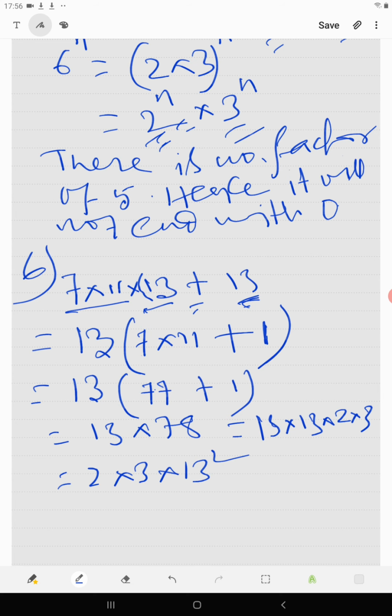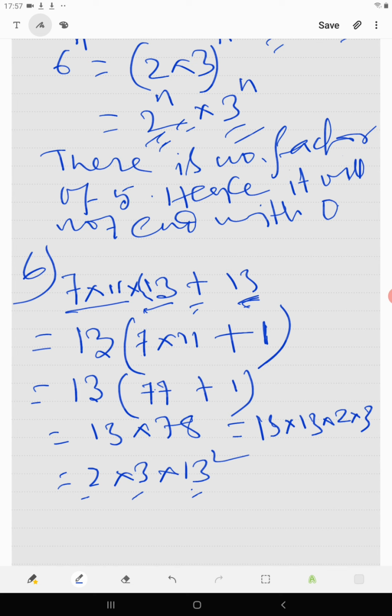As you can see, this has factors other than the number and 1. 2 is a factor, 3 is a factor, 13 is a factor. Remember, a prime number has only factors 1 and itself, but here it has factors 2, 3, 13, and also 2 into 3, 3 into 13.